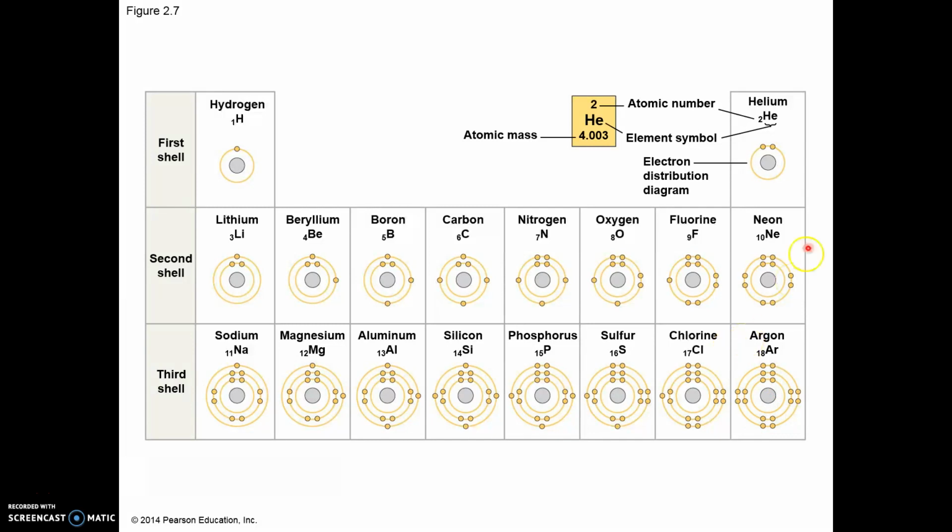This also explains why helium is all the way over here. Because remember, helium only has 2, so you might think it would fit there, but it only has 1 electron shell. Consequently, it is full when it has 2. Helium, like neon and like argon, are completely inert.